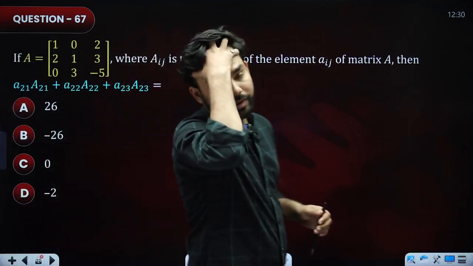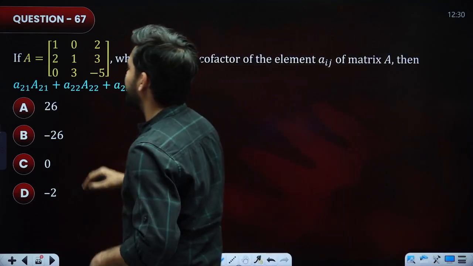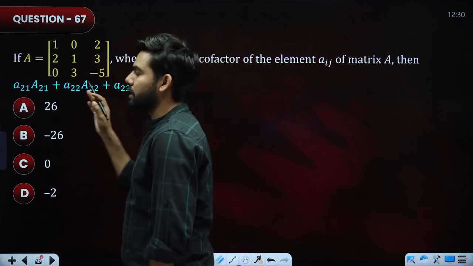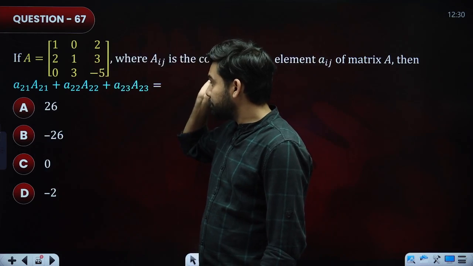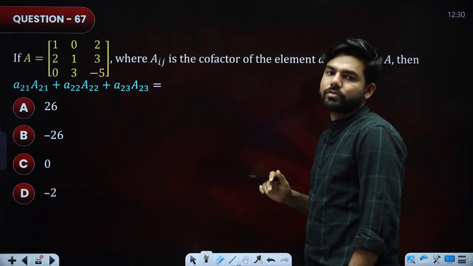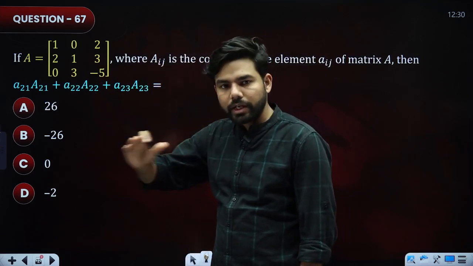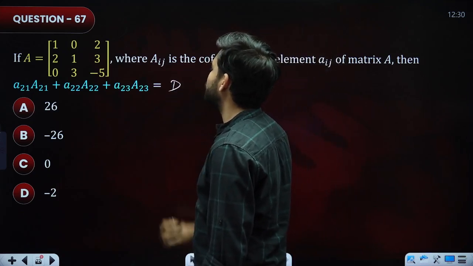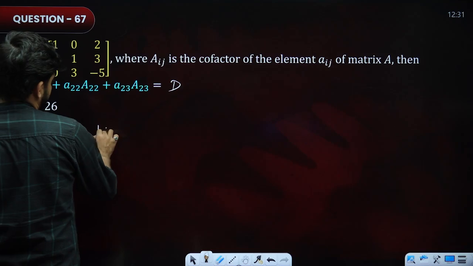So as you know, the multiplication of element and its cofactor, taking the sum of all the elements of the same row and taking all the cofactors of the same row, taking a product of it and adding all these products, in that case this value is equals to the determinant. Okay, so we just need to find the determinant of A.